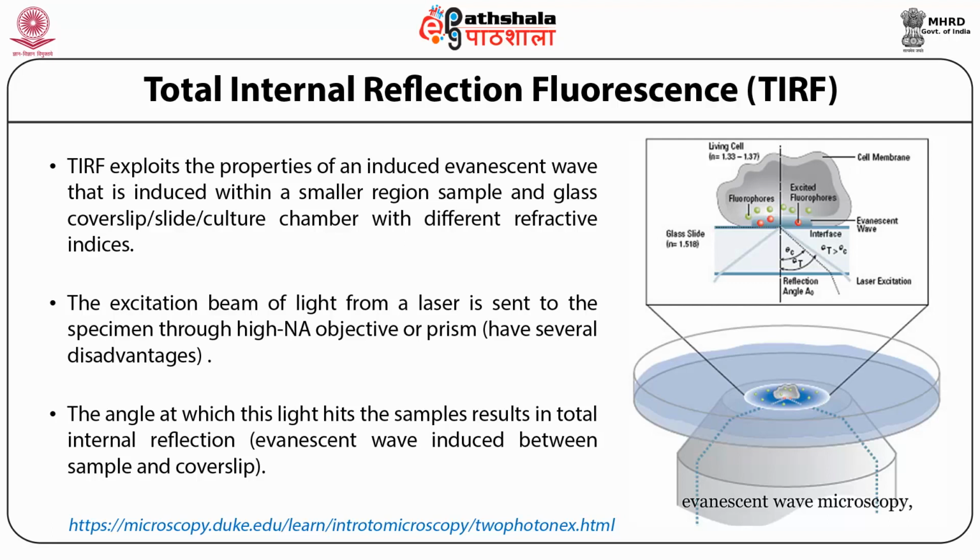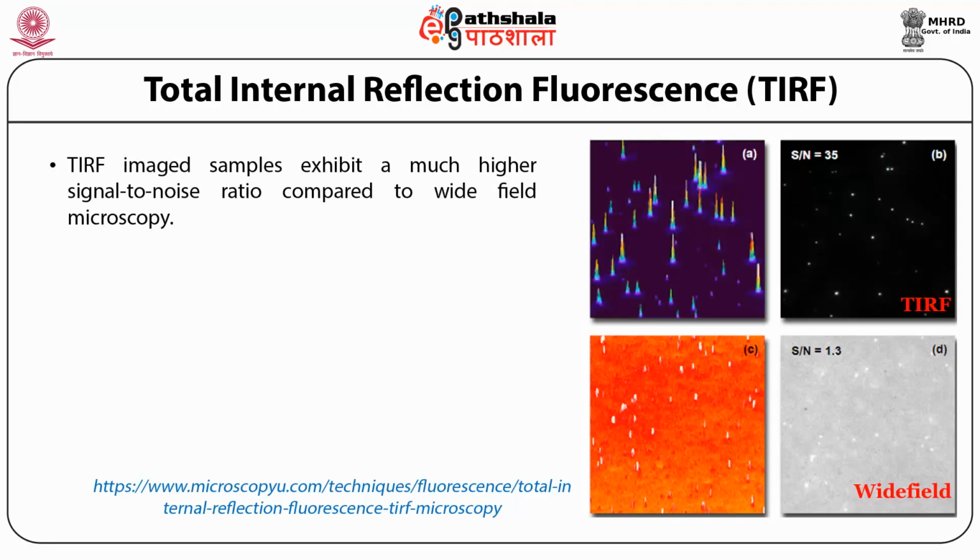And the longer it stays in there, the better information it gives us about the sample structure. One of the major advantages of TIRF is that it exhibits very high resolution and a very high signal to noise ratio, and signal to noise ratio is very important in microscopy, as it represents how much actual signal we are getting compared to the background.